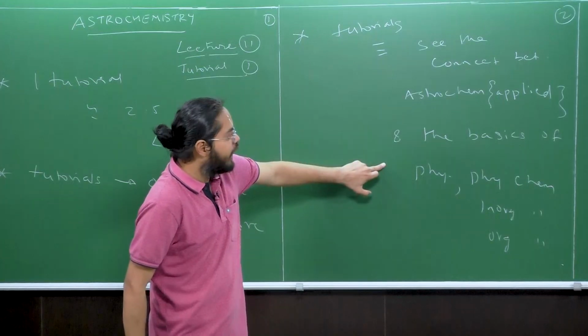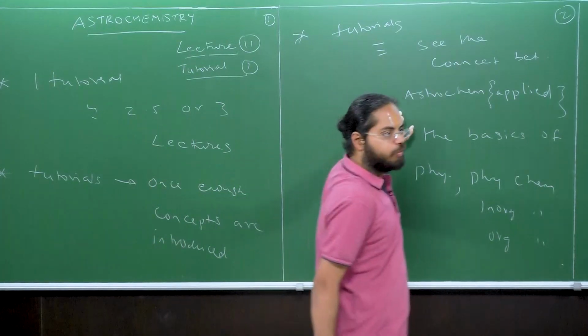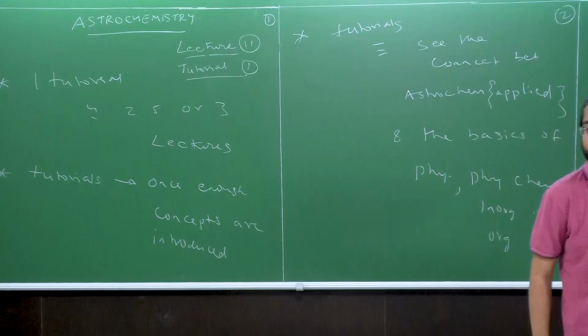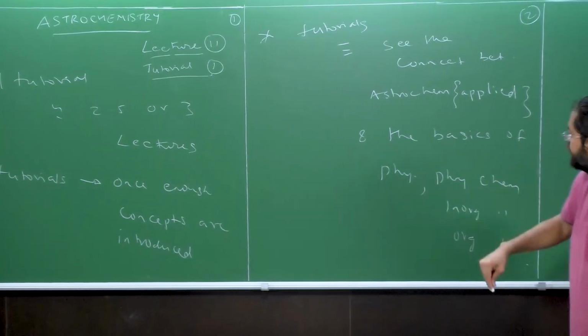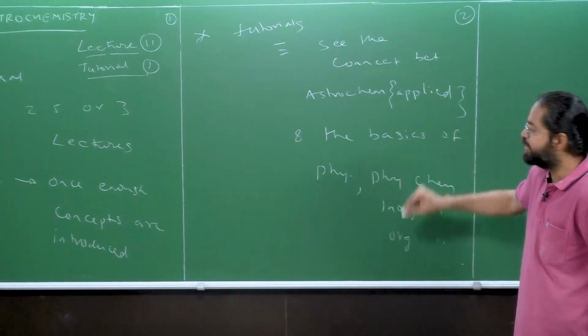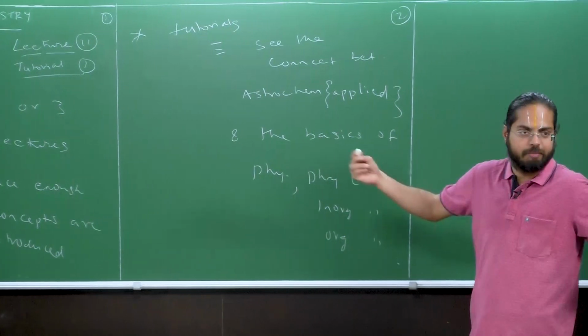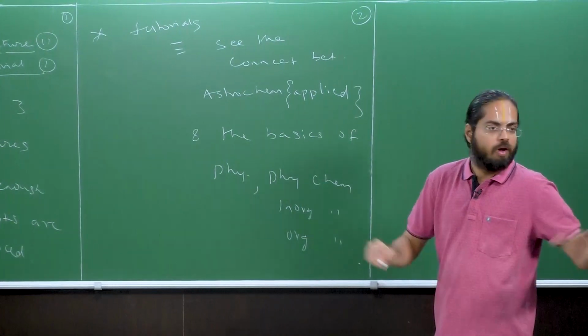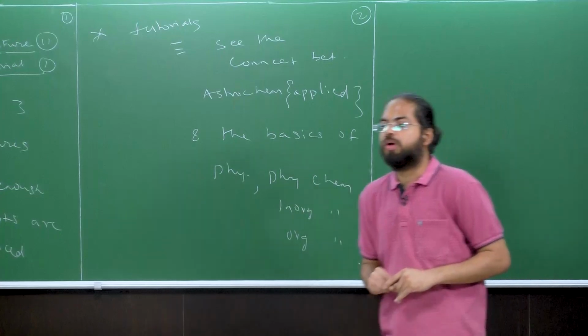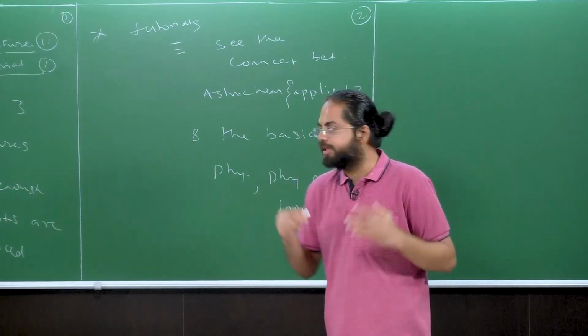So the key is that in any applied science, if you want to understand the applied science well enough, you must have a thorough understanding of the fundamentals of the basics, which in this case are physics and chemistry by and large. Are we all good? Okay, so on that note, we shall begin our tutorial session.